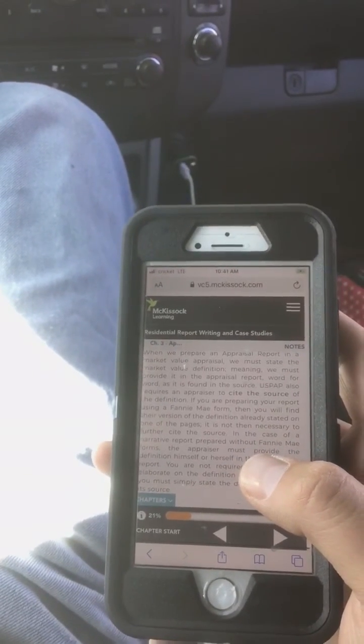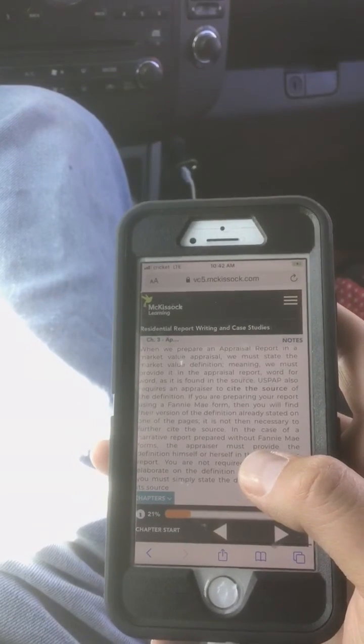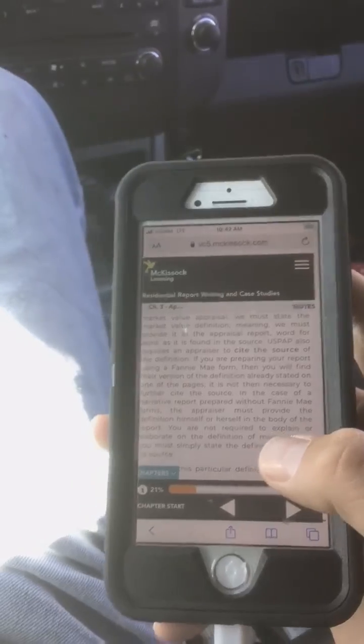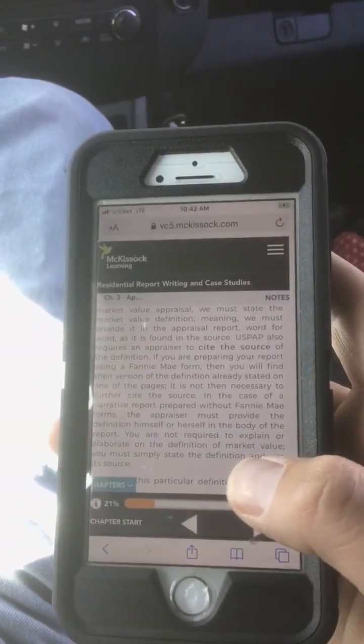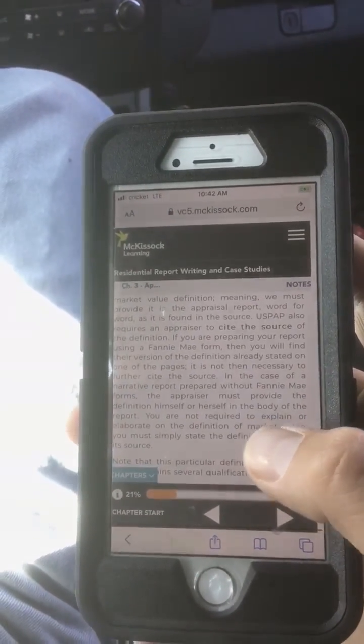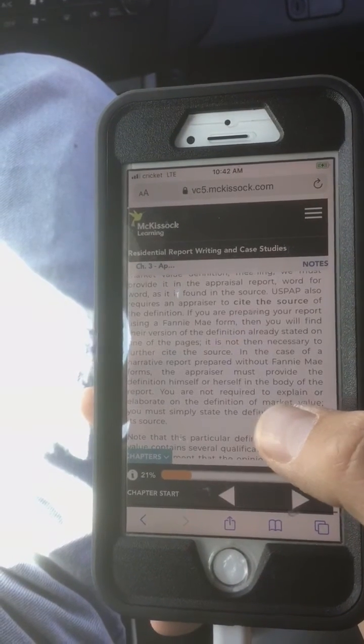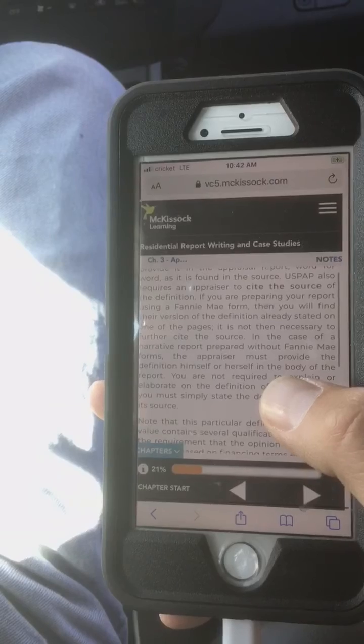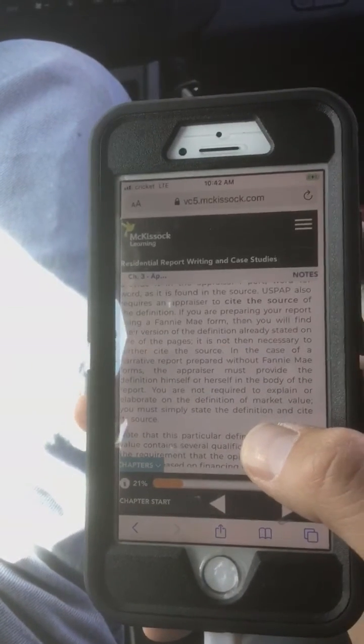When we prepare an appraisal report in a market value appraisal, we must state the market value definition, meaning we must provide it in the appraisal report, word for word, as it is found in the source.